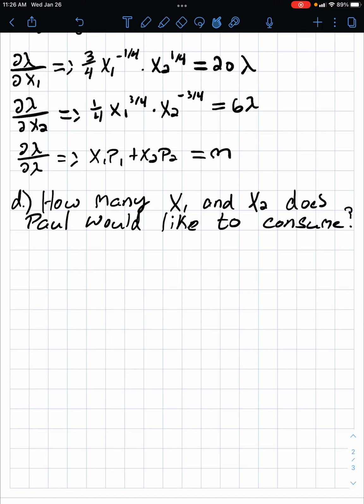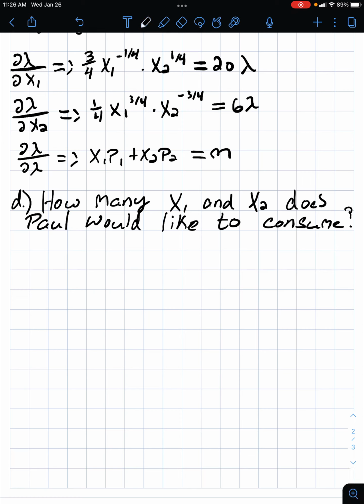Welcome back. Now, how do we solve this part of the problem? Well, we set our partial derivative of x1 equal to our partial derivative of x2, and then we can solve for either x1 or x2 demand. So let's set this up.